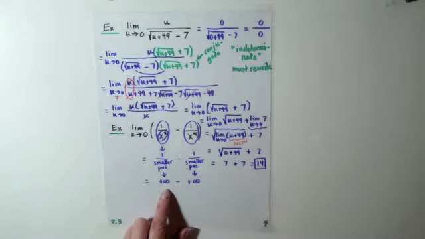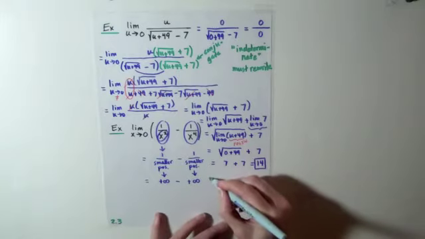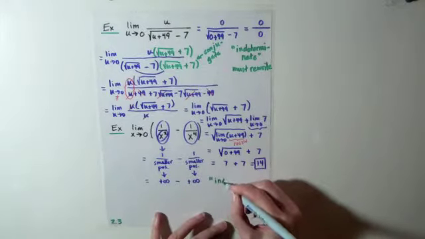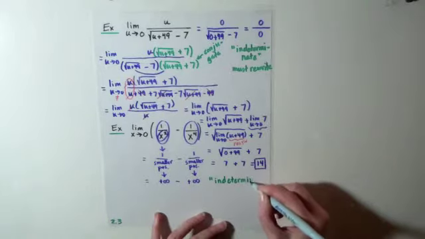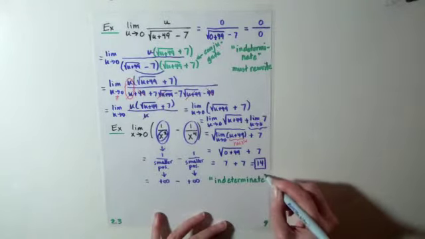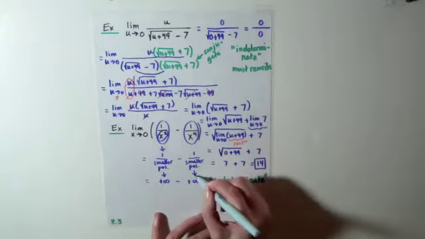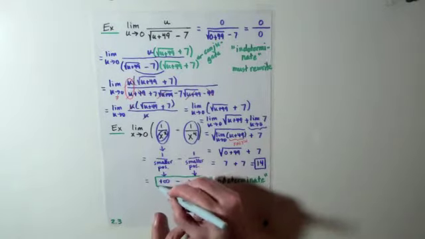In other words, this is another type of indeterminate limit. So I'm going to say this limit is also indeterminate, meaning that we cannot determine what the limit is when it is in this form.